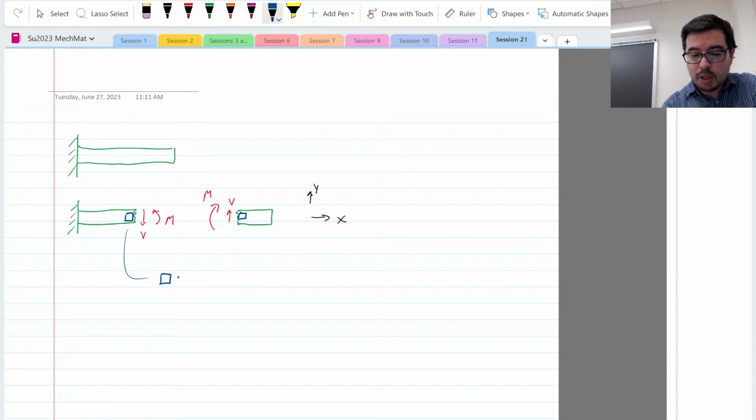And this is going to be confusing, because I had this shear force V. But if I'm defining my positive, I would still define my stress state like that.